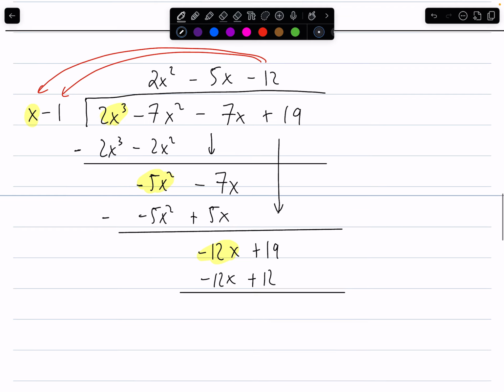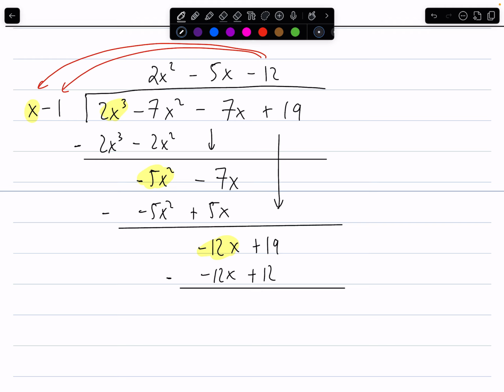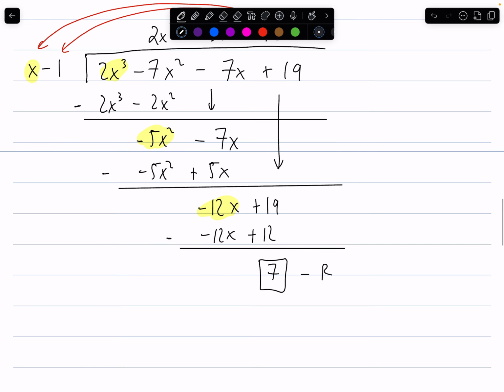Cool. And then subtract again. Negative 12x minus negative 12x, that's 0. 19 minus 12 is 7. So this is my remainder. So now let's write the division statement.